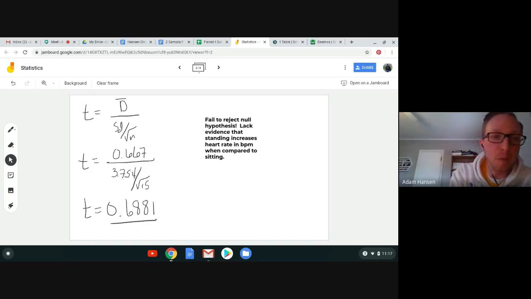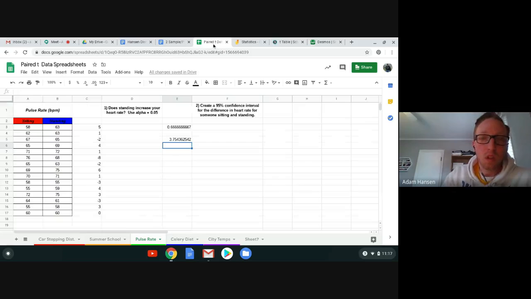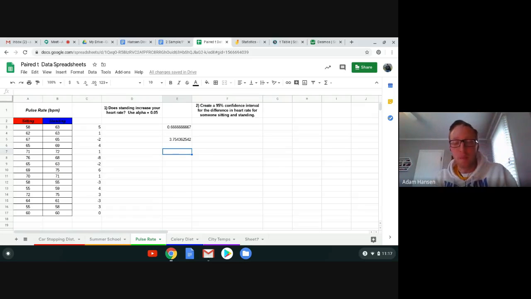And as a final wrap up for this hypothesis test, let's calculate the p-value. We'll need Google Sheets. And in some blank cell, type equals tdist.